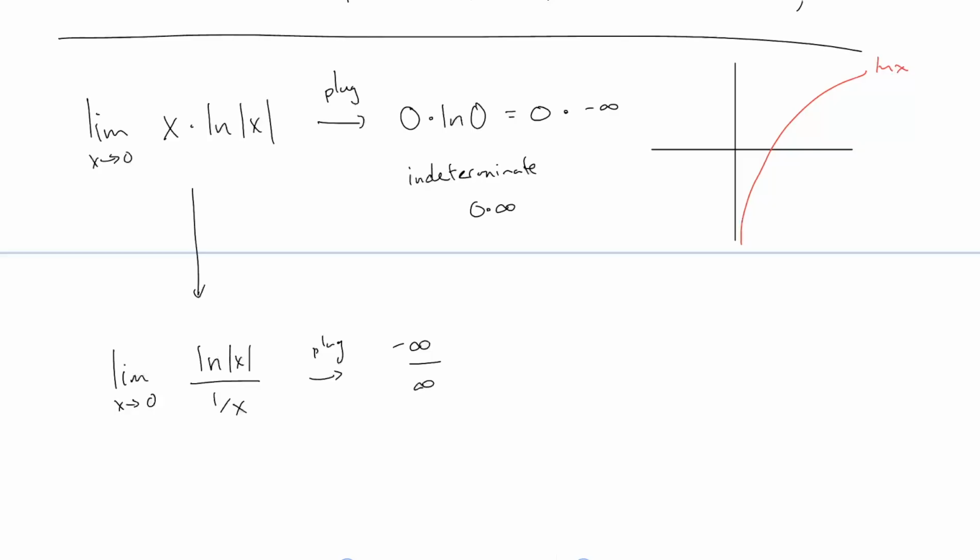Because when you do natural log of 0, that's infinite, and when you do 1 over x, when x is becoming 0, that's also infinite. The plus and minus signs don't really matter. But anyway, this is an infinity over infinity type indeterminate form, which means we can do L'Hopital's rule.